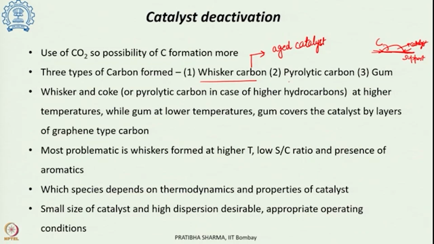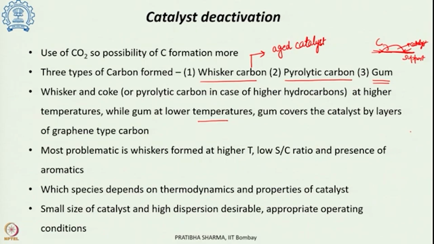The other form of carbon is pyrolytic carbon, and this is usually formed in case of higher hydrocarbons. And the third one is the gum. This is in fact several layers of carbon being formed, CHX material, layers of graphene type of carbon formed on the catalyst. Out of these 3 forms of carbon, the gum carbon is formed at a lower temperature, and the pyrolytic carbon or coke are formed at a higher temperature.